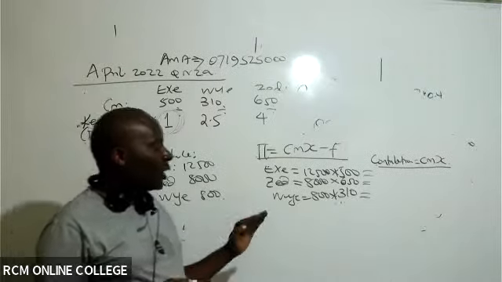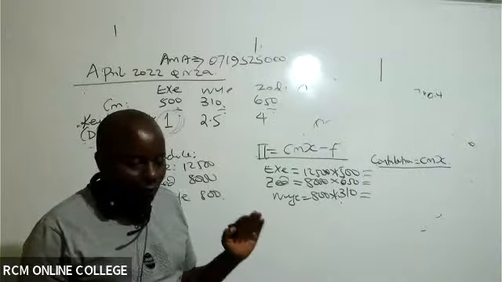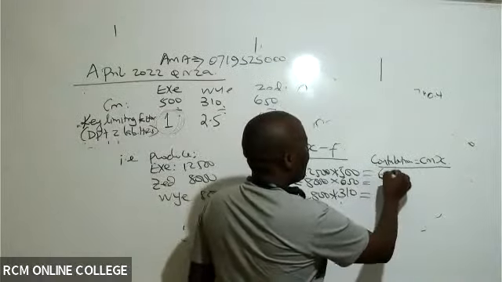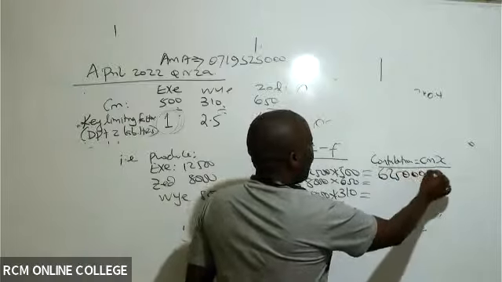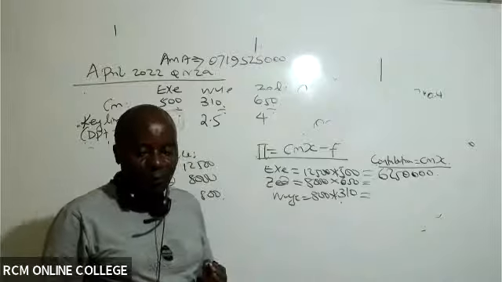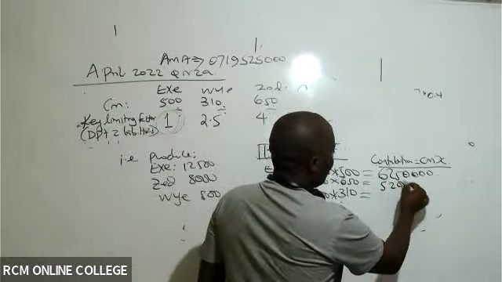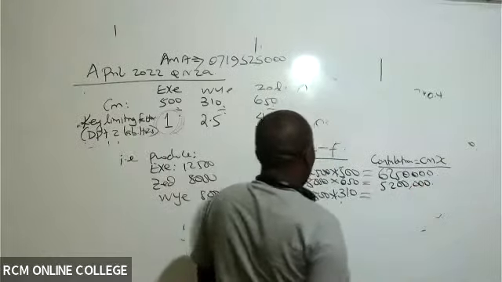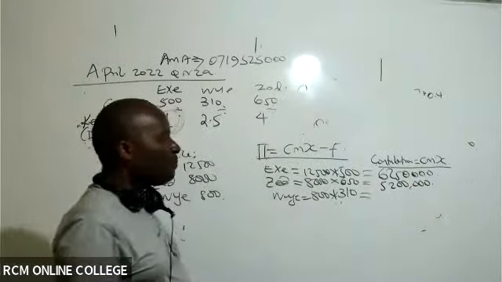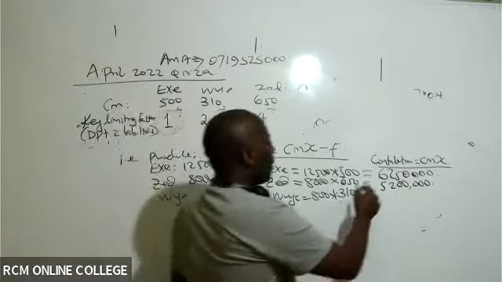So 12,500 times 500, that gives me what figure here, somebody? 6,250,000. Then we go to 8,000 times 650. 5.2 million. Then we go to 800 times 310. 248,000.